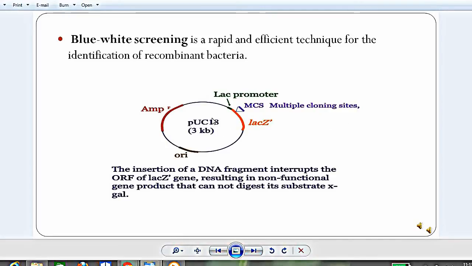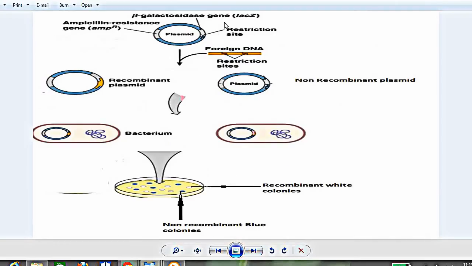It means this site contains multiple restriction enzyme recognition sites. That means if we cleave with a restriction enzyme whose recognition site is present within this MCS or multiple cloning site, this plasmid will become linearized.